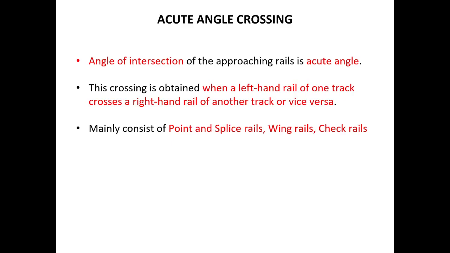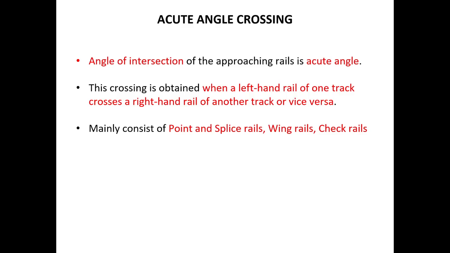So first is the acute angle crossing. In this type of crossing, the angle of intersection of the approaching rails is acute. The name itself tells us that the angle between the approaching rails is acute.